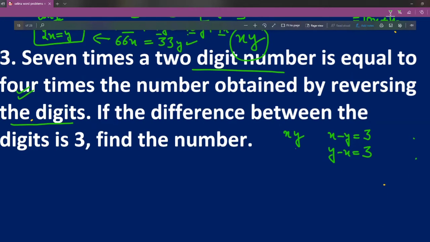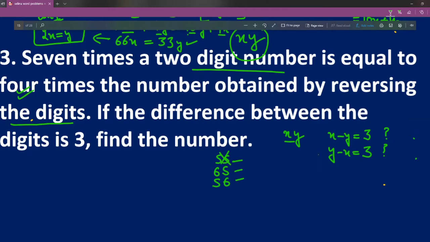Now if you understand the logic, in a two-digit number, either both the digits are equal, so it can be a number like 55, or it can be a number like 65, or it can be a number like 56. So these are the 3 conditions which are available.